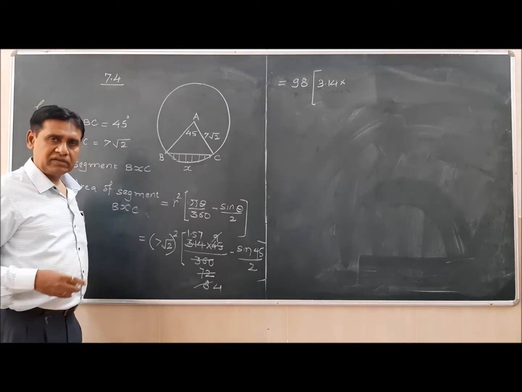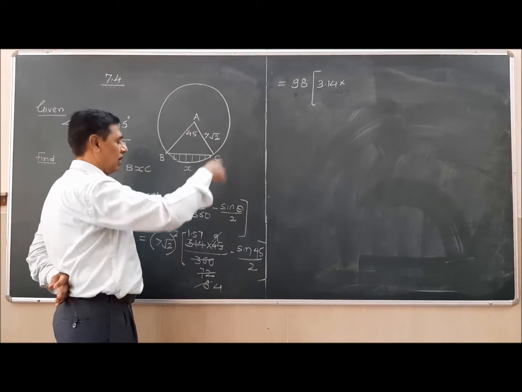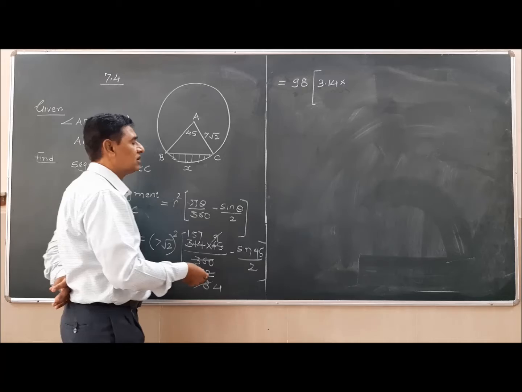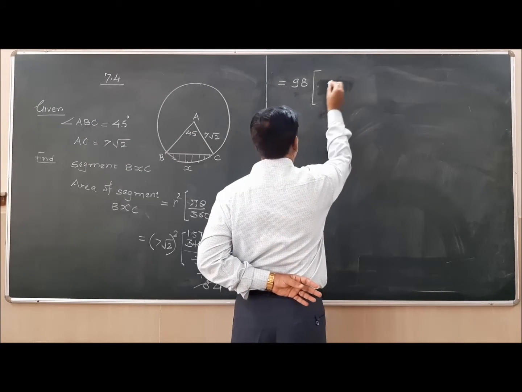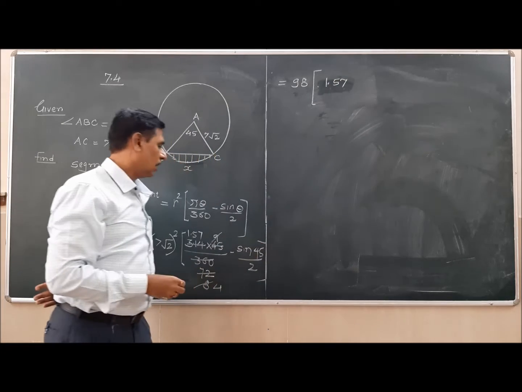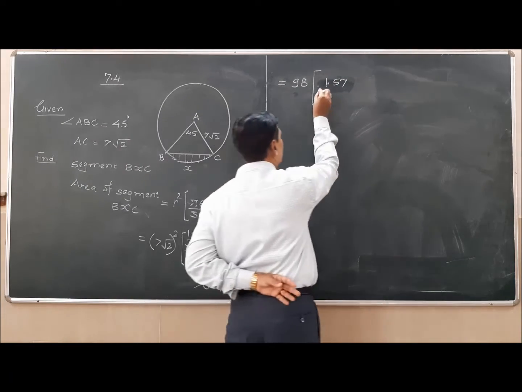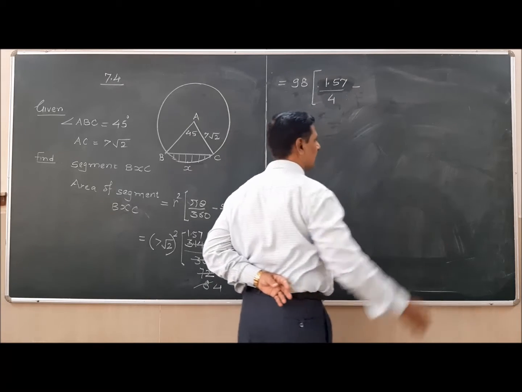So the next step is 3.14. I have done the calculations here only. So I'll get over here 1.57 upon 4 minus sin 45.